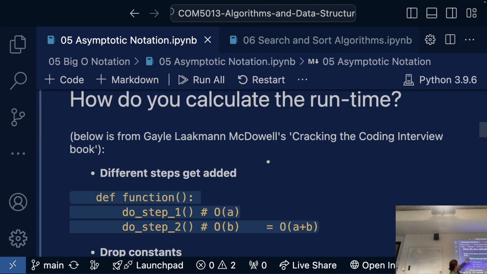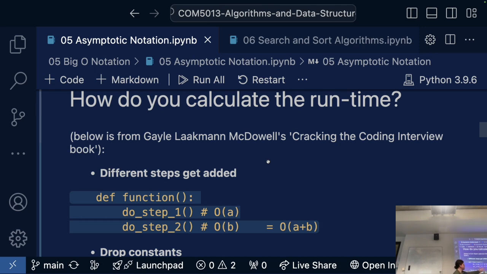Okay, so the first point she mentions is that different steps in an algorithm essentially get added together. So let's take a very simple function. Here we go, Python. We call two functions from that function. Assuming they're doing different operations, if this is operation A and this is operation B, essentially the summation, the performance of this function is going to be O of A, operation A, plus operation B. Two operations, the time it takes to do them, added together.